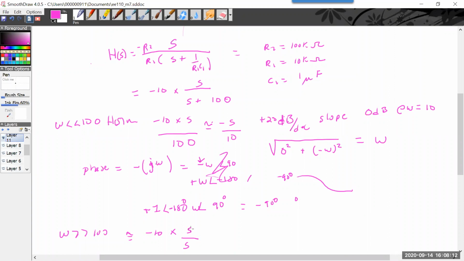The 100 falls out, the s's cancel. You have minus 10, which turns into 20 dB. And the phase? What's the phase of minus 10?